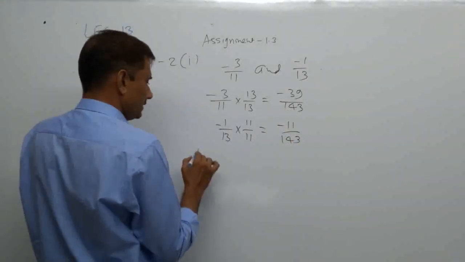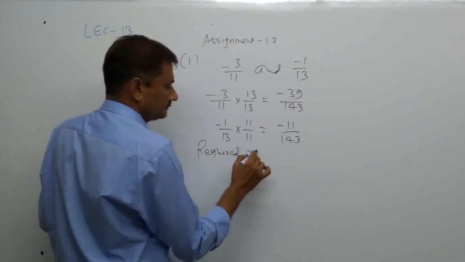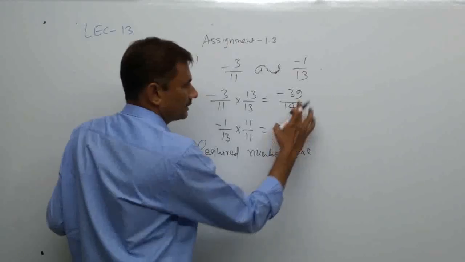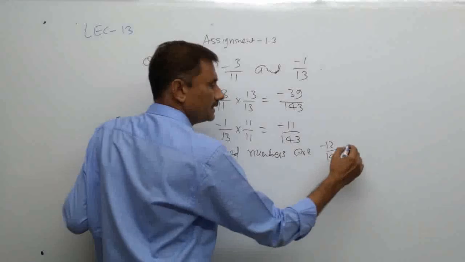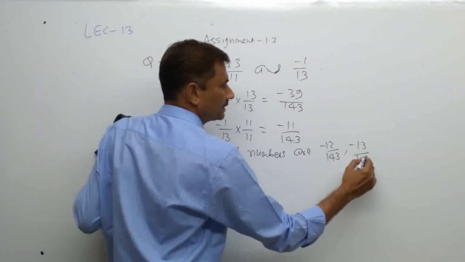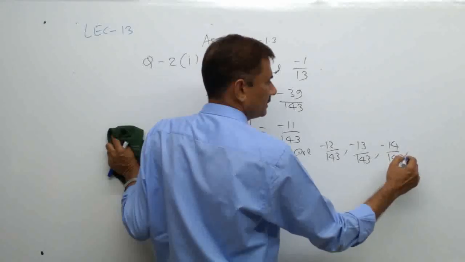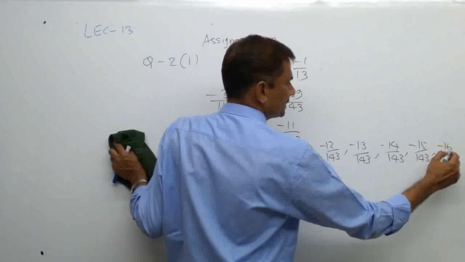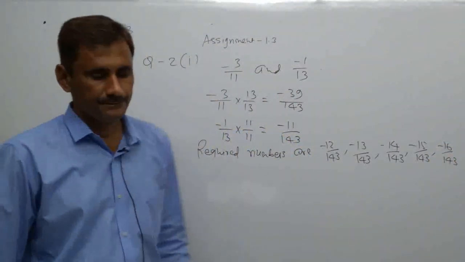So the required numbers are minus 12 upon 143, minus 13 upon 143, minus 14 upon 143, minus 15 upon 143, minus 16. They ask for 5 only, so I stopped here.